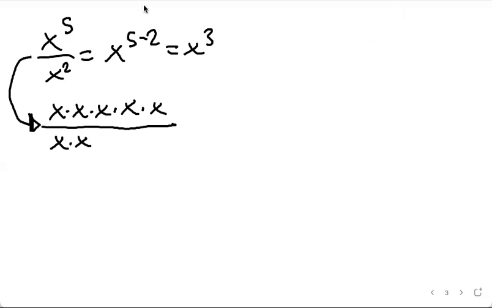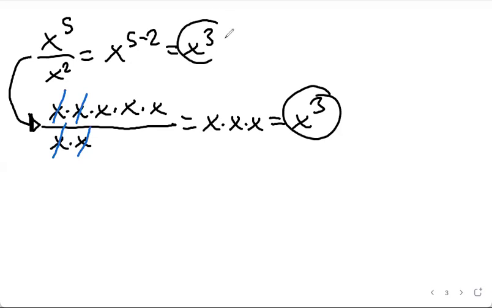Well, we can cancel some of these common factors. We can cancel some of these x's. So there's a pair of x's we can cancel. There's a pair of x's we can cancel. So how many x's do we have left over? We have 3 x's left over that are being multiplied. So that's the same thing as x cubed, which is our answer.